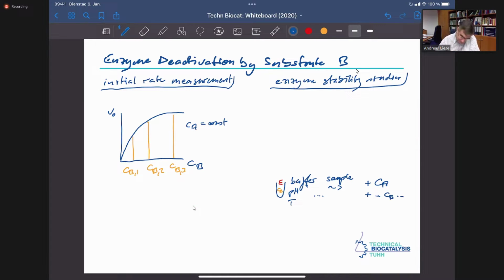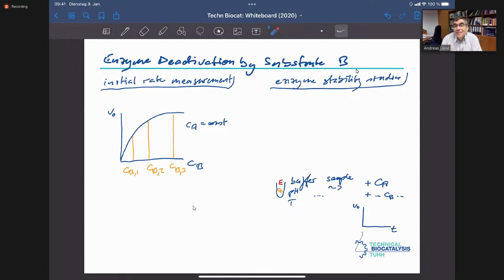And now we can generate out of this what we're measuring here, initial rate as function of time, namely those time points here that we withdraw the sample. So the sample time will be the time point that we have here on the initial rate axis. Okay, that would be the procedure.